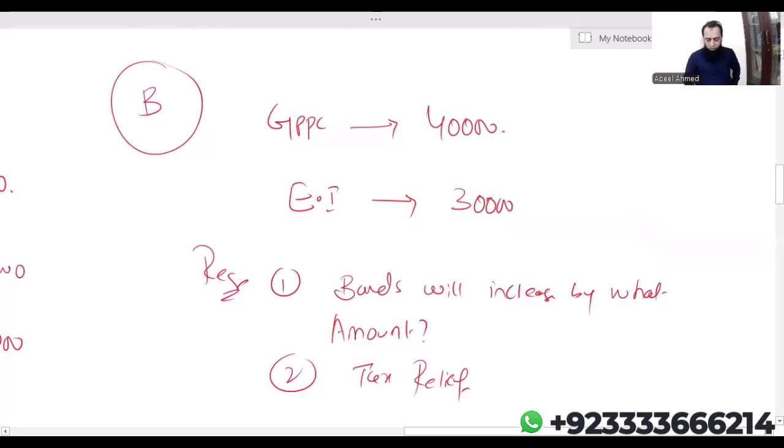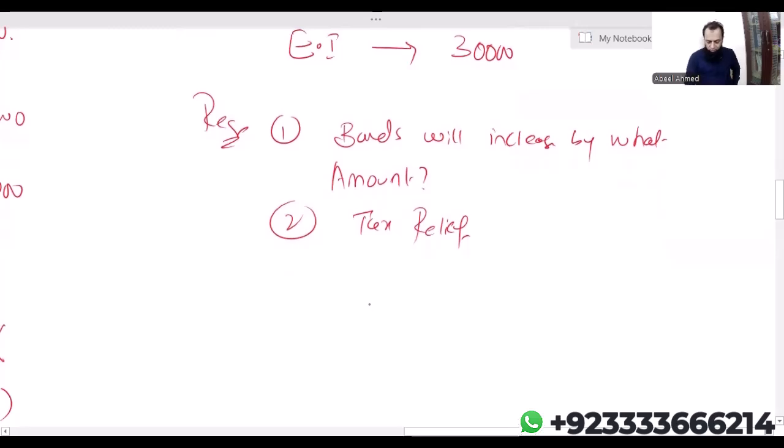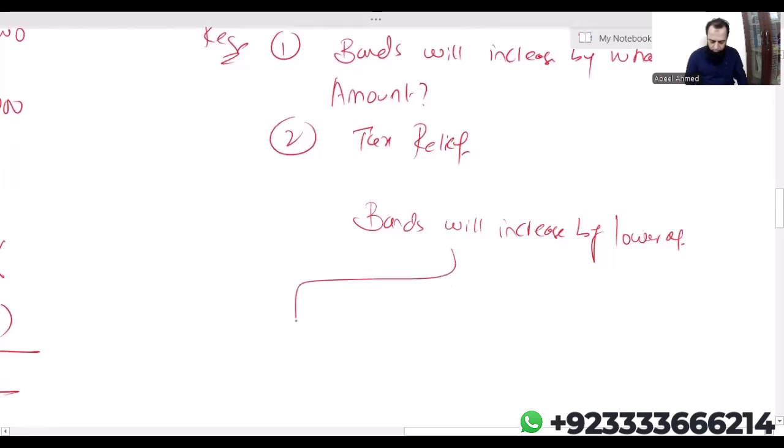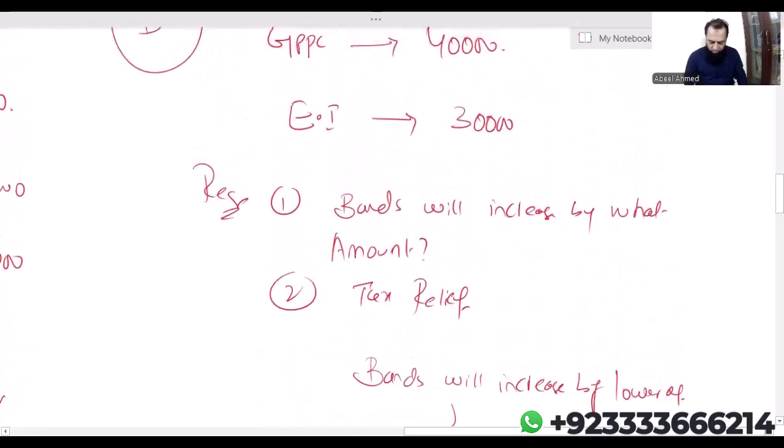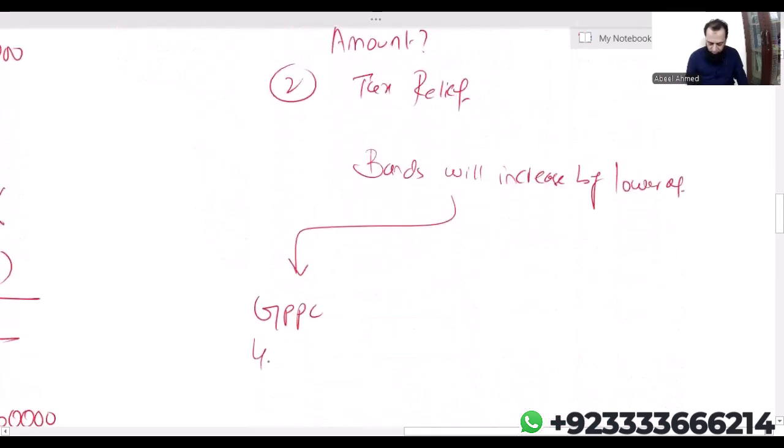First of all, let us see the bands will increase by the lower of gross PPC, which in my part B example is 40,000.